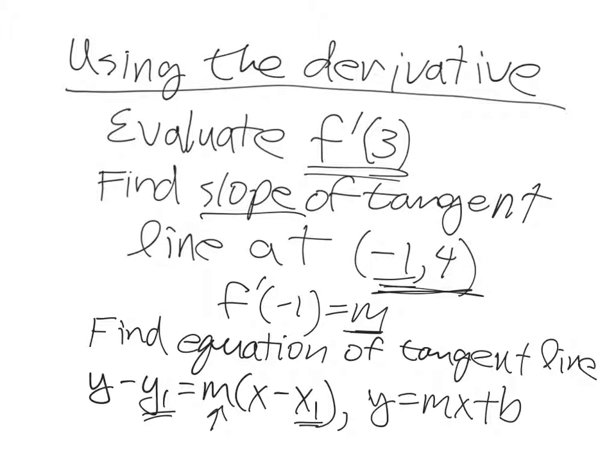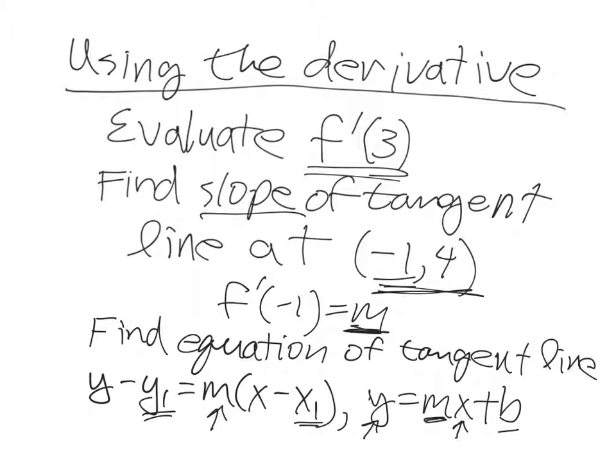You should get the same answer either way. Put your slope in, whatever number you found here, and then plug in -1 for x and 4 for y, and you can calculate what b is, and then put it back in the form y equals the slope times x plus whatever the value of b you found.